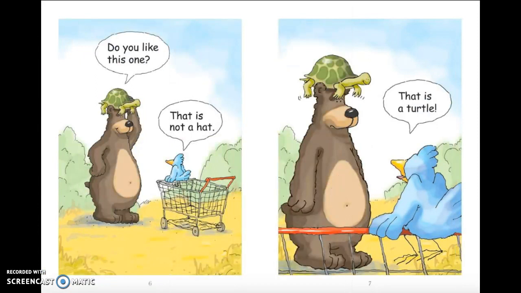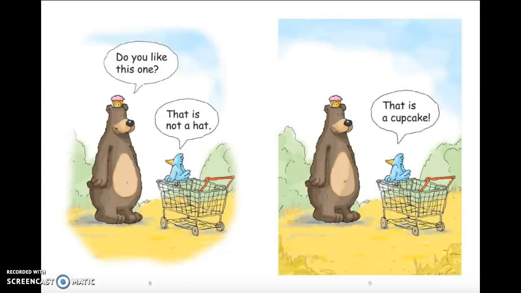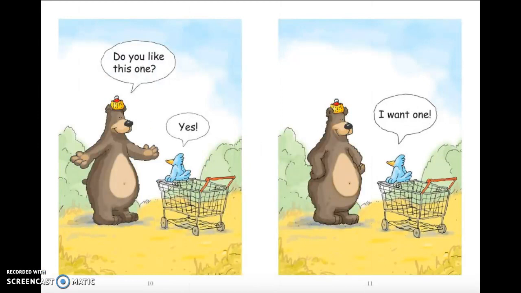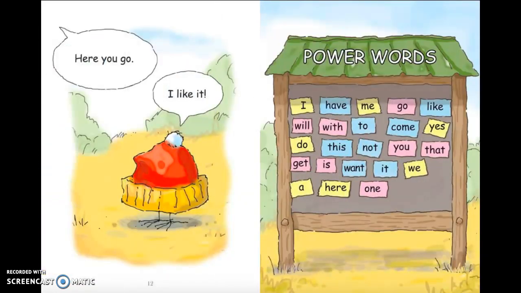Do you like this one? That is not a hat. That is a turtle. Do you like this one? That is not a hat. That is a cupcake. Do you like this one? Yes, I want one. Here you go. I like it.